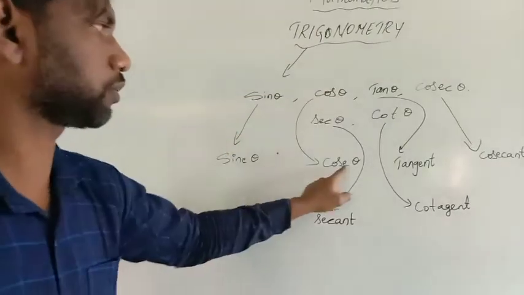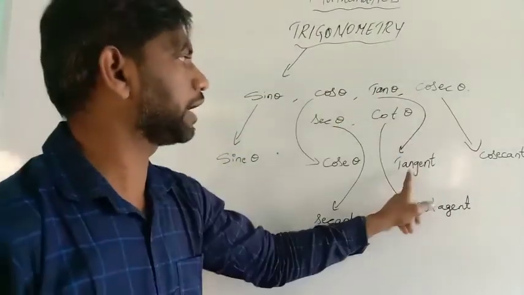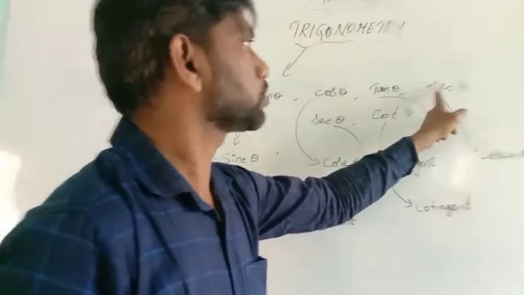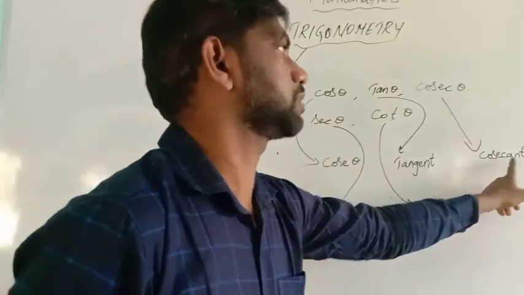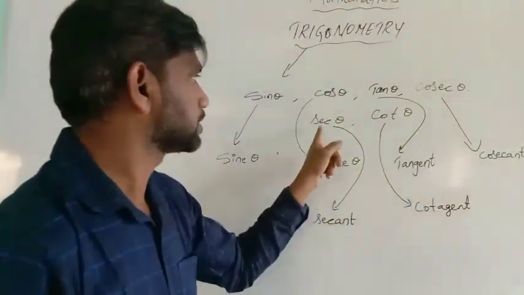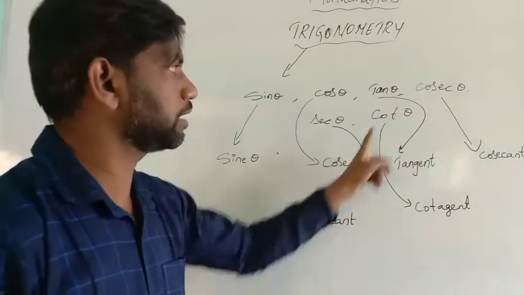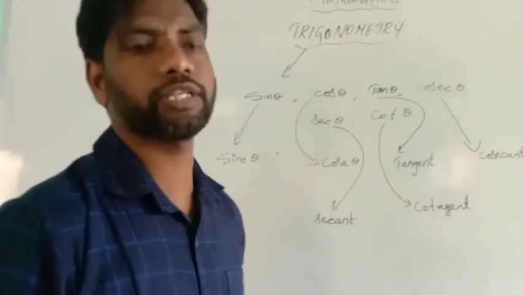Cos theta is cosine theta, tan theta is tangent theta, cosec theta is cosecant theta, sec theta is secant theta, and cot theta is cotangent theta.